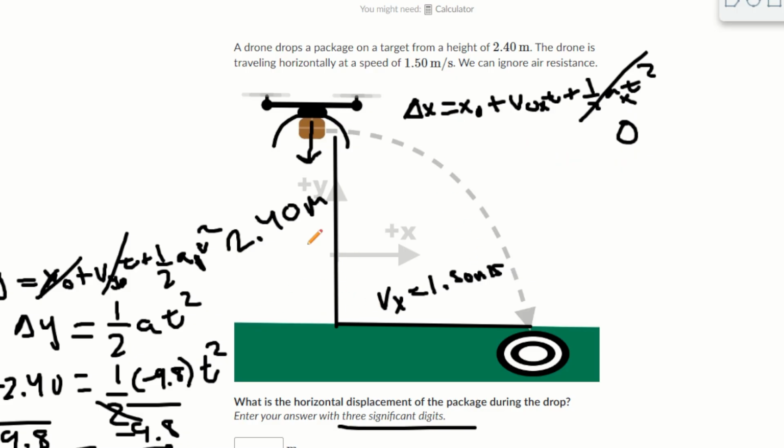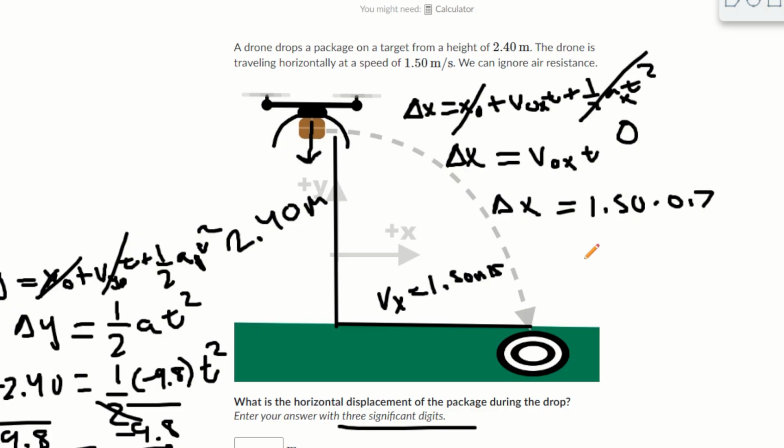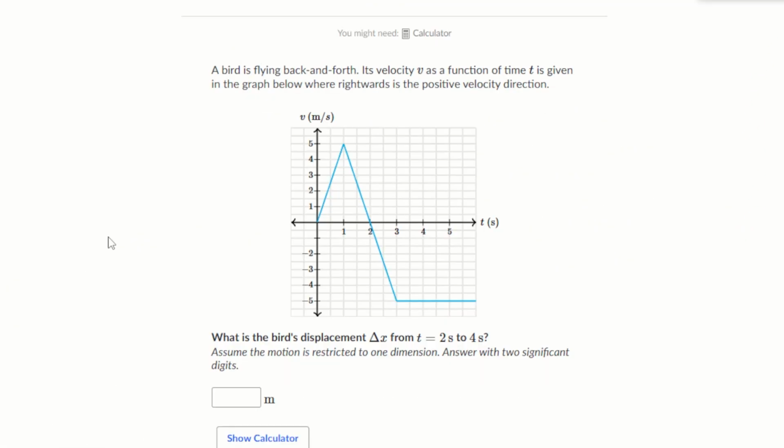We have no initial position, so that can also be 0, giving us delta x is equal to v initial in the x times t. Plugging in our values, delta x is equal to 1.50 times 0.7, giving us that delta x is equal to 1.05 meters.